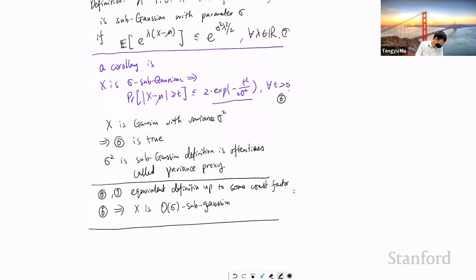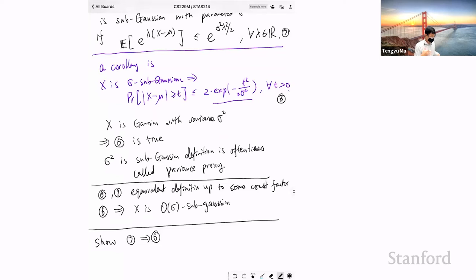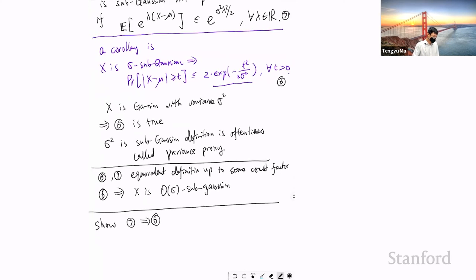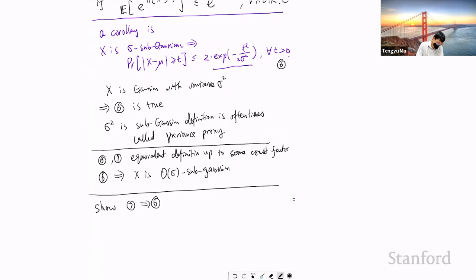Sorry, my memory is a bit different from the notes, which is why I'm a little confused. 6 implies 7 would require a different proof. But if I show 7 implies 6, you probably would get some intuition why they are related quantities. The general intuition is the following: if you look at the Chebyshev inequality.